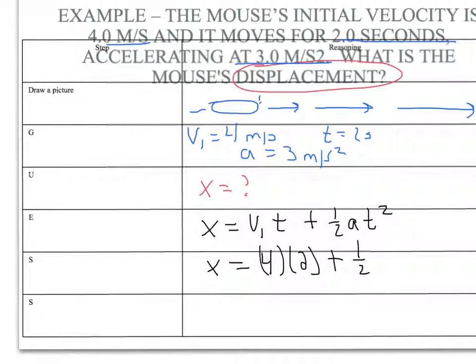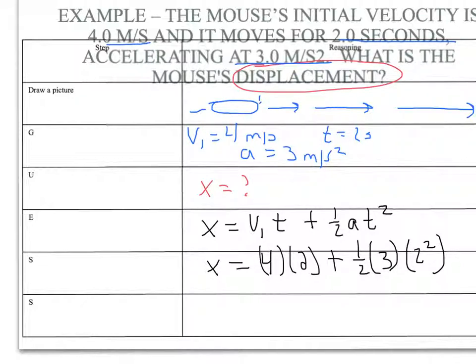So I'm going to put in 3. And then our time, again, we're going to use the same time that we used for the first t in the beginning. So then we're going to have times 2 squared. In this equation, only the time is squared, not that whole portion of the equation. Again, only the time is squared.